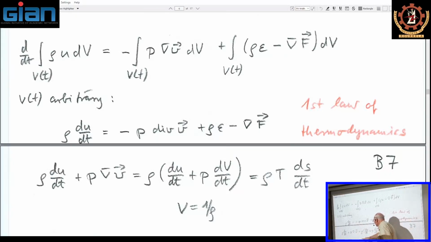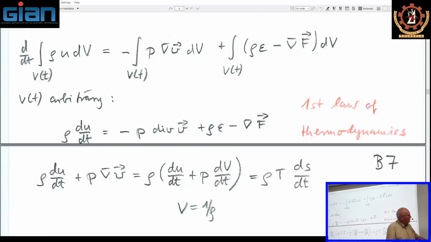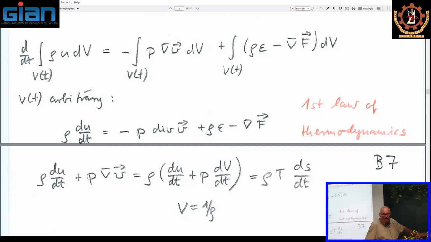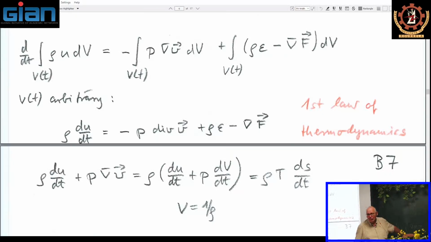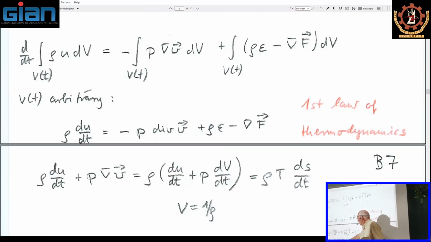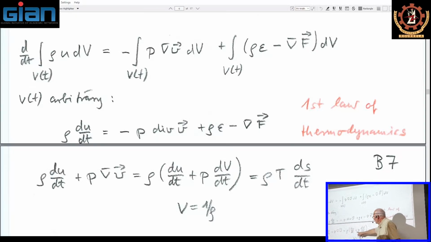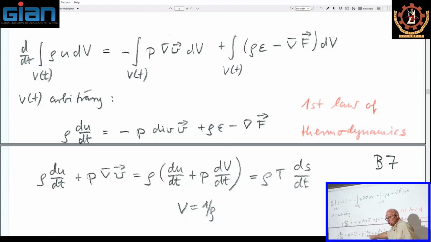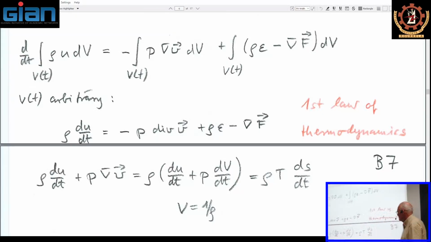Here I've written it in explicit form. The divergence of V can be written in a more familiar form through the continuity equation in the Lagrangian form, replacing the density by 1 over rho, and then you can immediately derive that this is du by dt, the change of the internal energy, plus p times dv by dt.